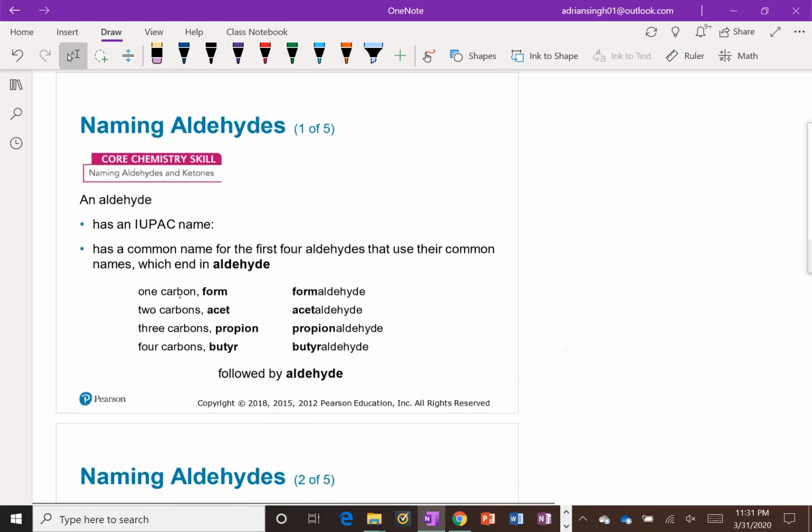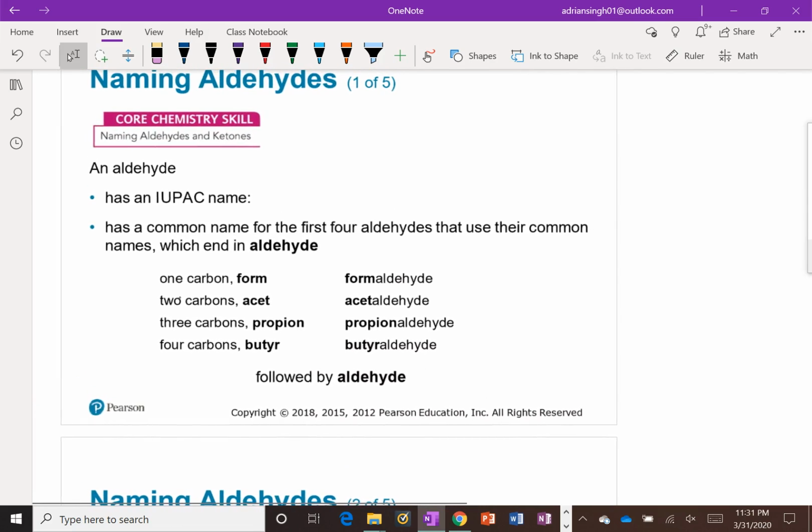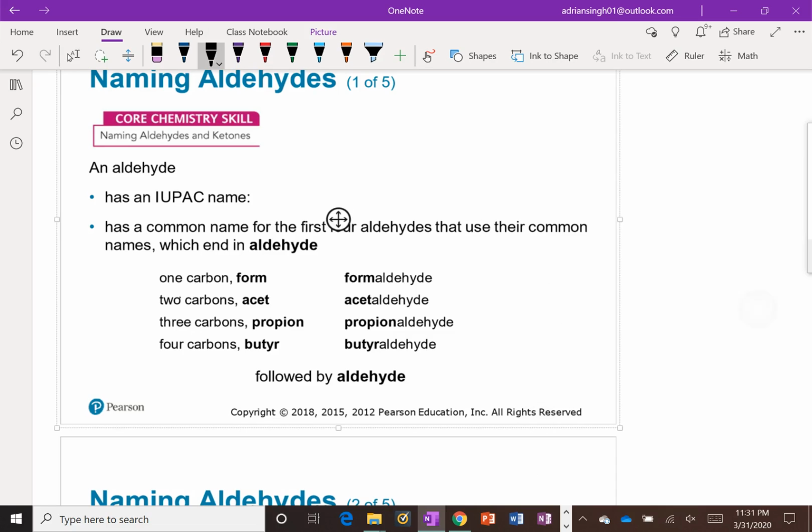So let's take a look at the nomenclature, or the naming, of the aldehydes and the ketones. So an aldehyde, we're going to follow the IUPAC naming system first. So the IUPAC name is going to come from the alkane.